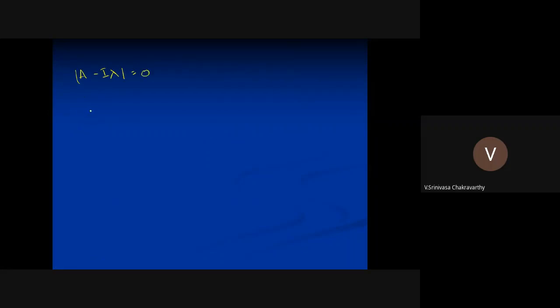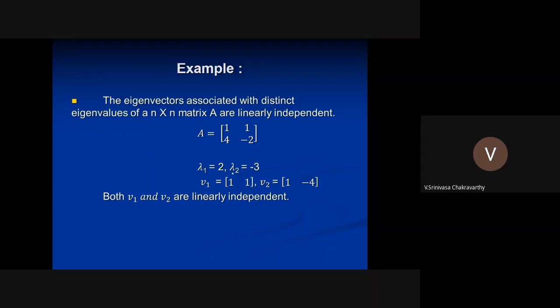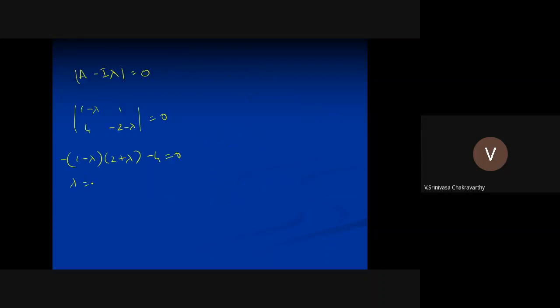So that is the matrix with entries 1 minus lambda, 1, 4, and minus 2 minus lambda, equal to 0. So (1 minus lambda) times (2 plus lambda) minus 4 equal to 0. You get basically 2 and minus 3 as the roots.